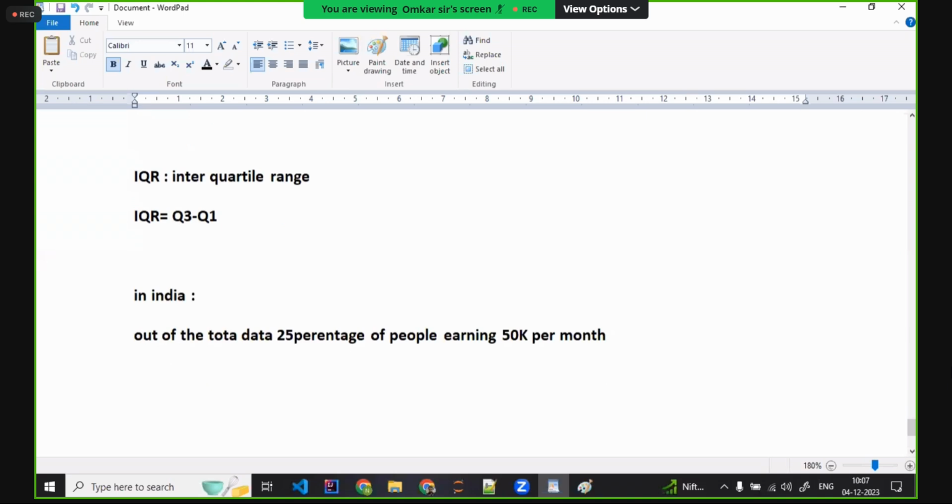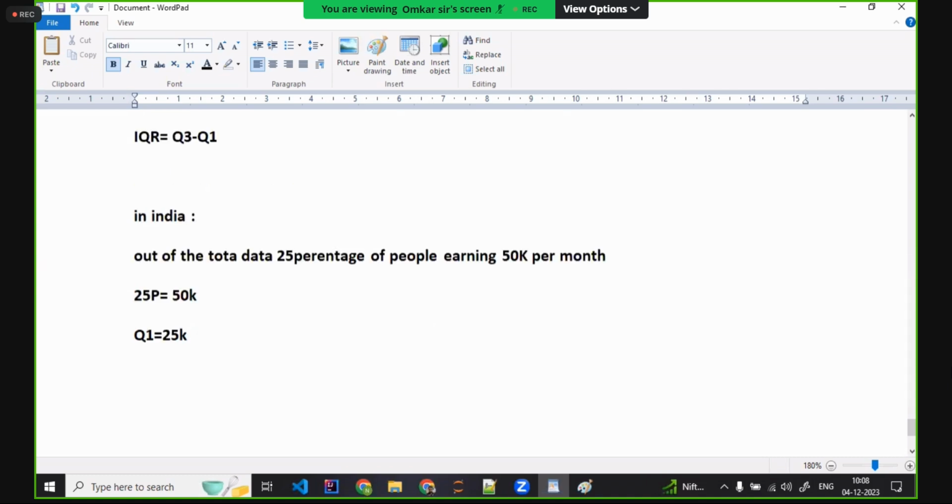Let us assume that. That means 25P is 50K, so 25% of people are earning less than 50,000. That is Q1.